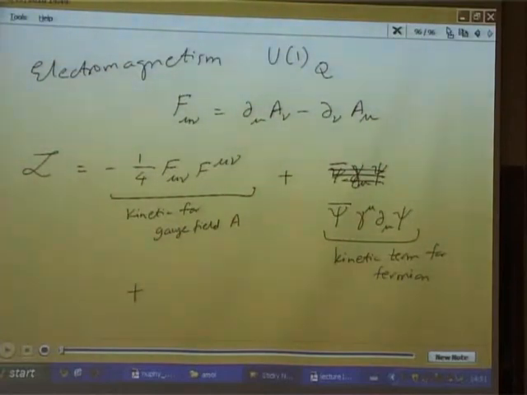And plus, here is the interaction, which tells you how fermions couple to the gauge field. So this is going to have something like psi bar gamma mu A mu psi.